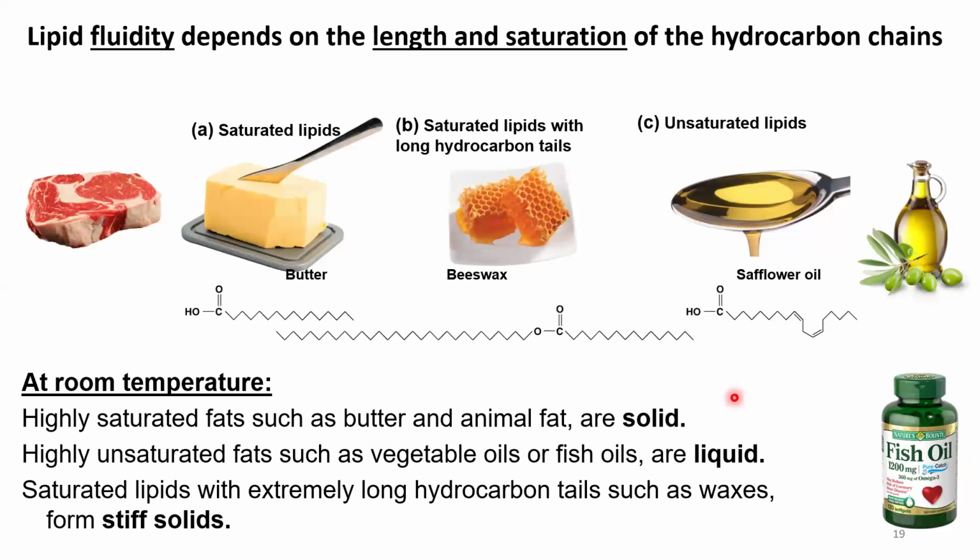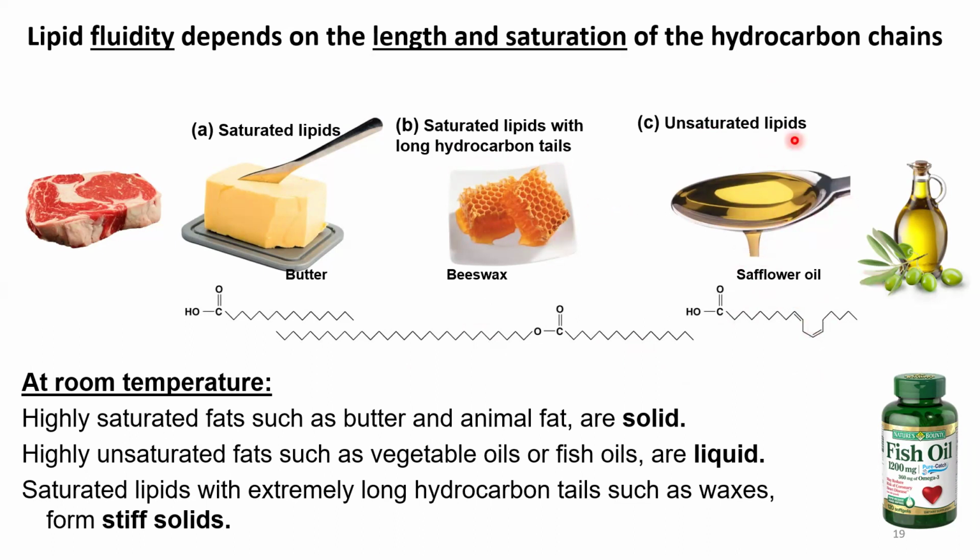So now the fluidity of the lipid depends on the length and saturation of these different hydrocarbons. If we have butter like this, these are more saturated ones. Then there are saturated lipids with long hydrocarbon tails like these, and then unsaturated ones like these oils.